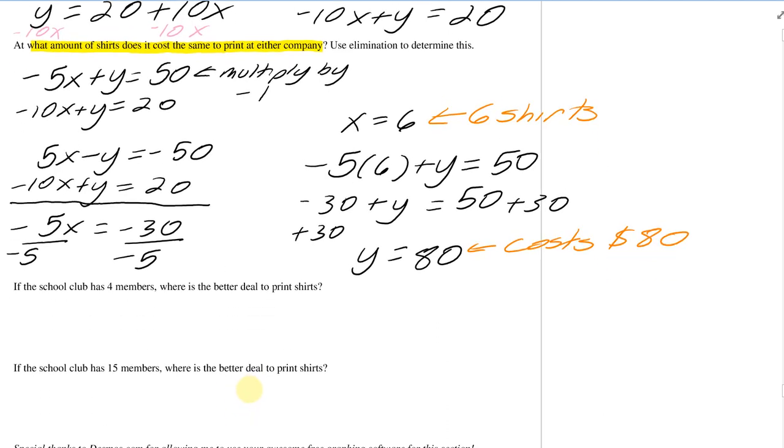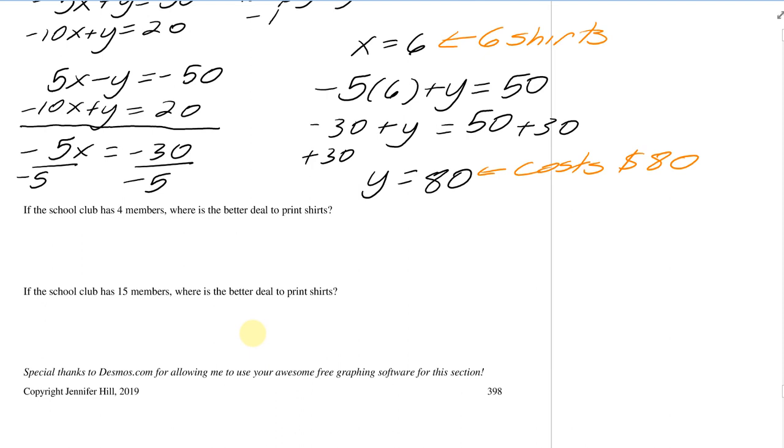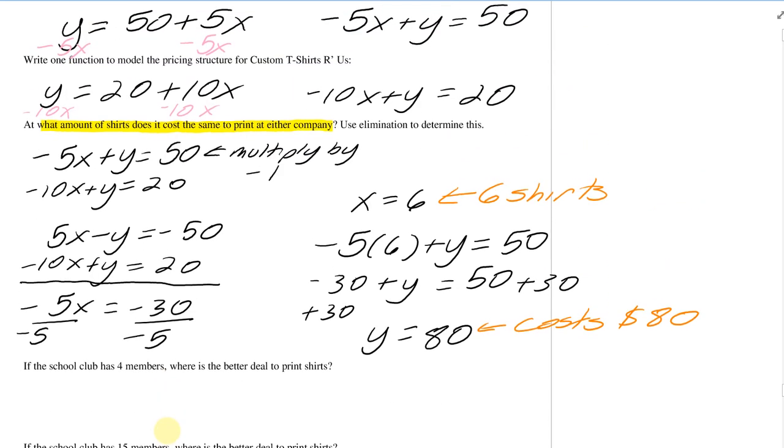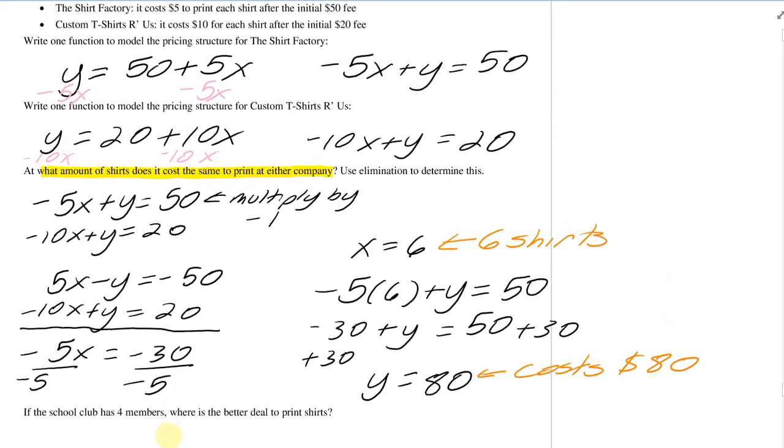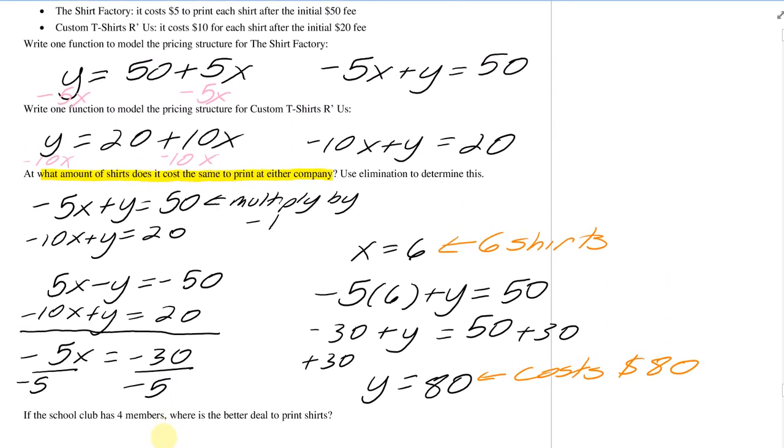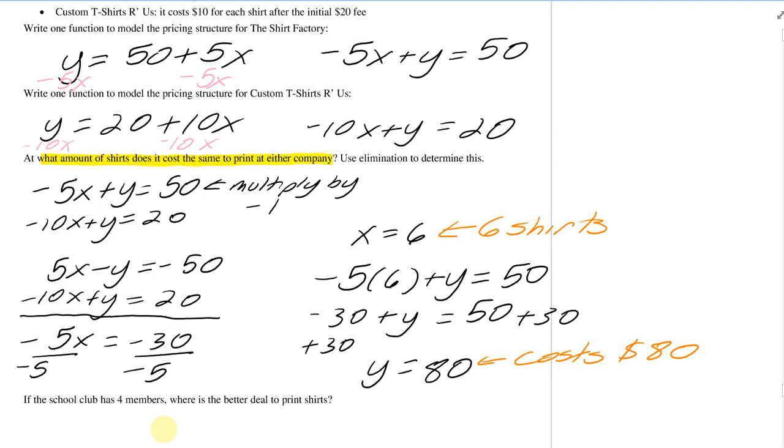Now, the last two questions really have to do with where is the better deal for printing. So if the school has 4 members, where is the better deal to print shirts? Now I have to compare the two different pricing structures.